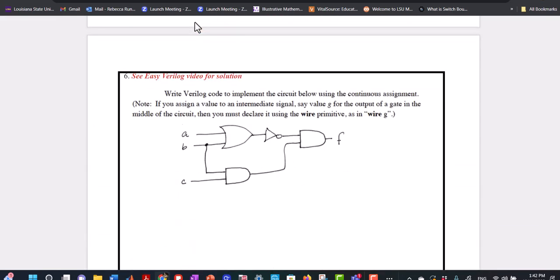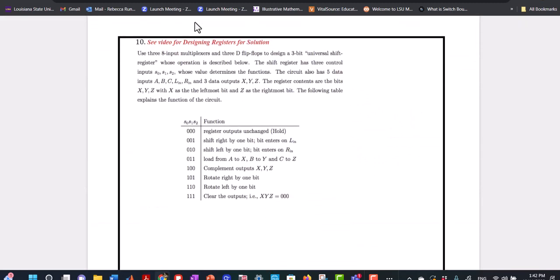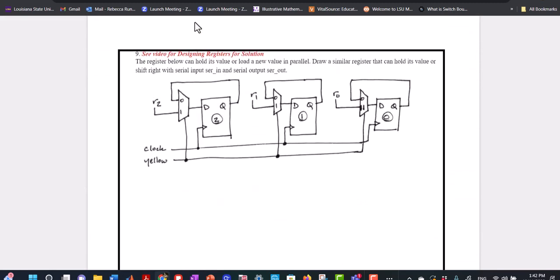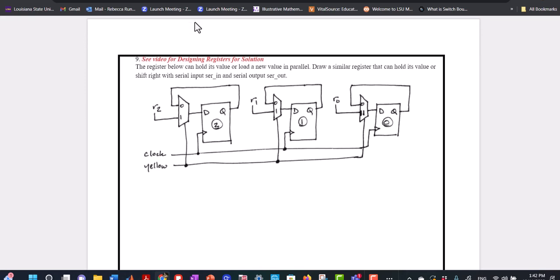Okay, so now let's look at an example of a register. This register can either hold its value or load a new value in parallel.